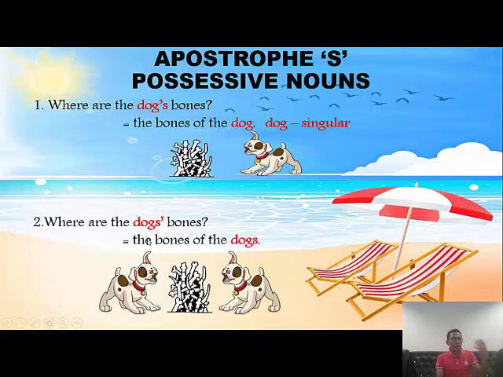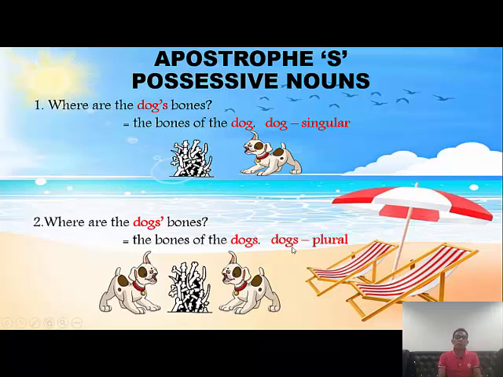When your friend asks you, where are the dogs' bones? It might refer to many dogs, because you know that he or she owns many dogs. It depends on the context. We can't simply tell how you can really differentiate between these two, because both sound the same.